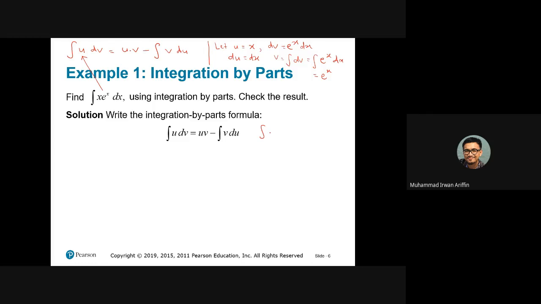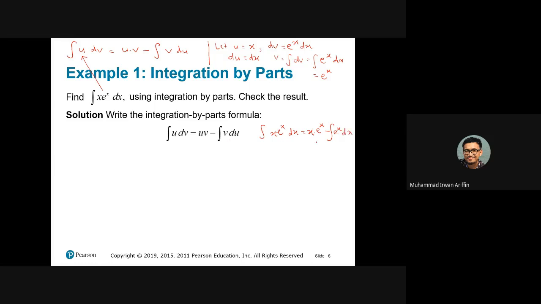We have x e^x dx equal to u multiplied with v. So u is x, multiplied with v. V is e to the power of x, and then I have the minus sign, and then the integral of v du. So my v is e to the power of x, and my du is dx.